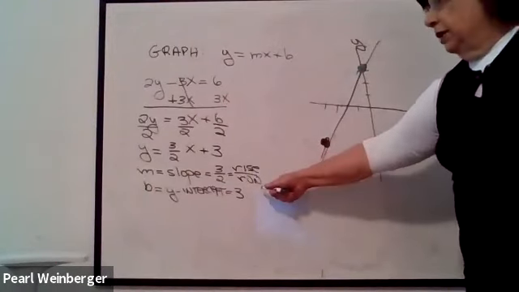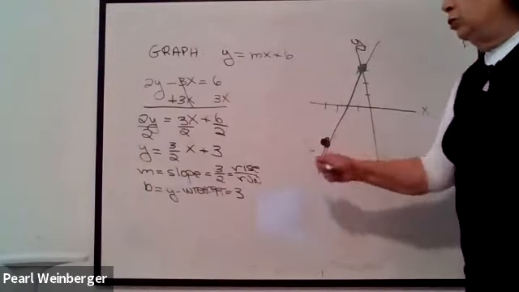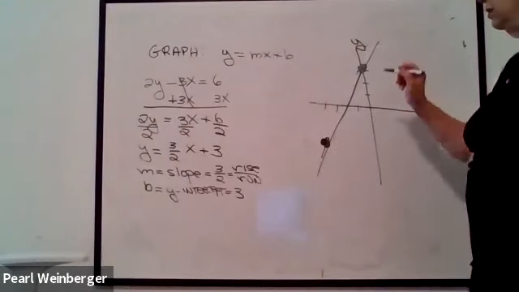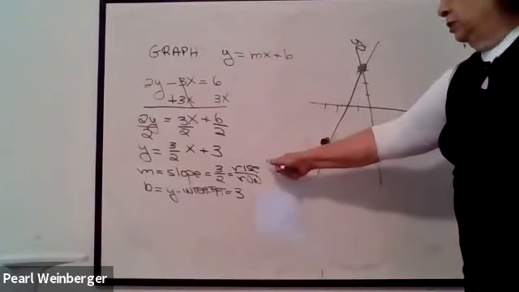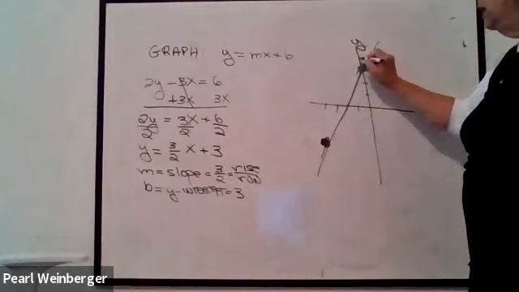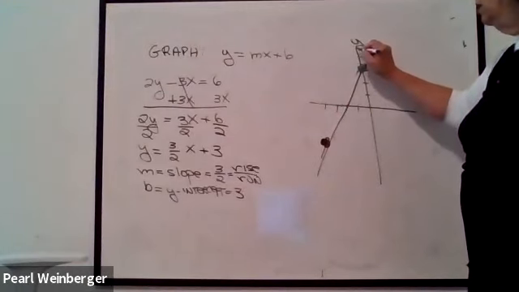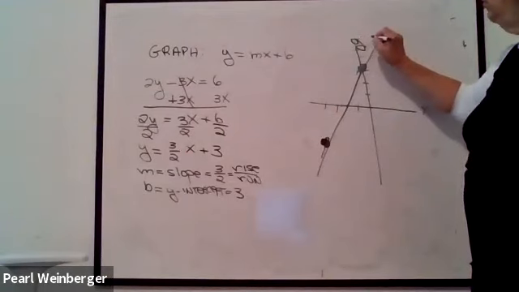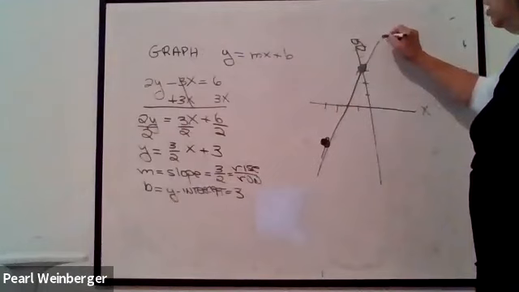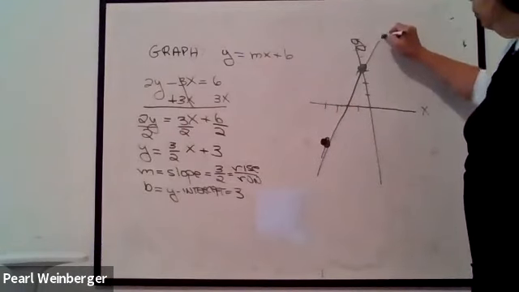Once I have the y-intercept graphed, I then use the slope to find other points. The slope is 3 over 2, which means rise 3, 1, 2, 3, go over 2, 1, 2. Notice here's a second point on the line.